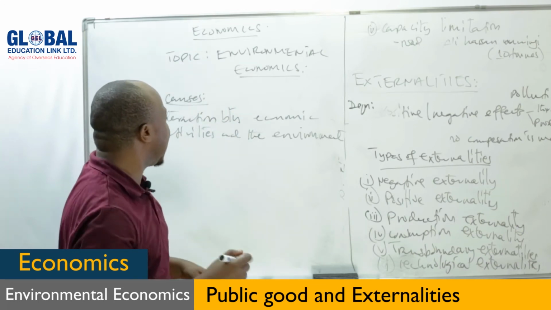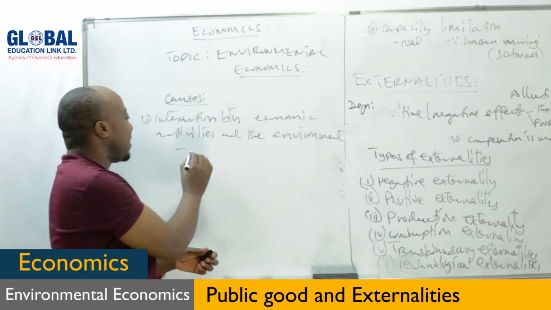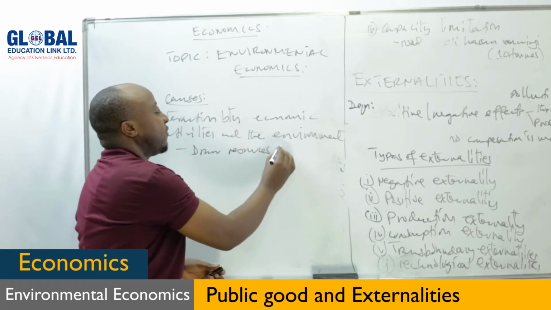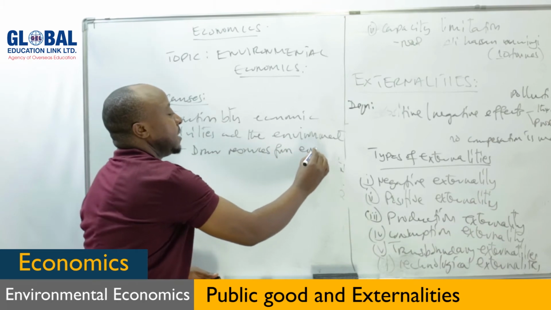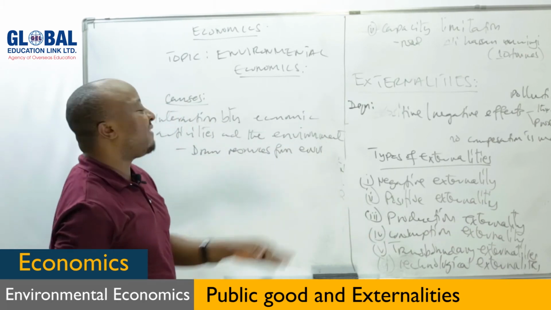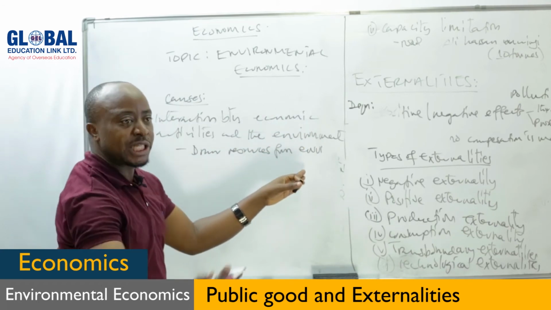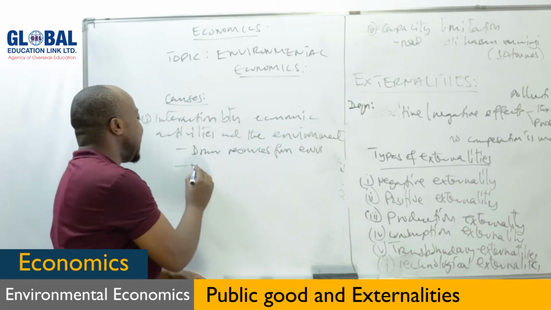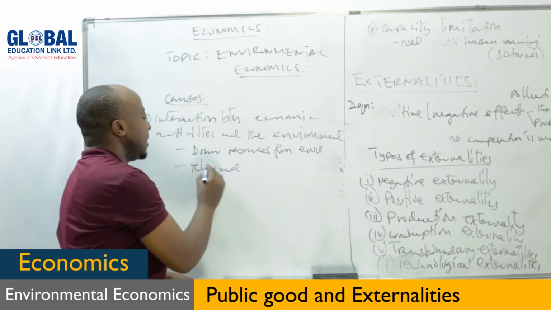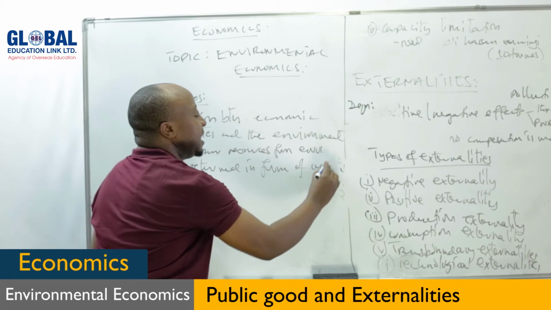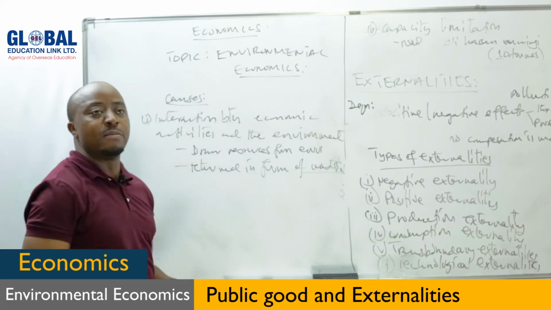For example, producers or firms draw resources from the environment. After using them, those resources are turned into byproducts, into waste. Then they are returned in the form of waste. Now, this waste pollutes the environment.